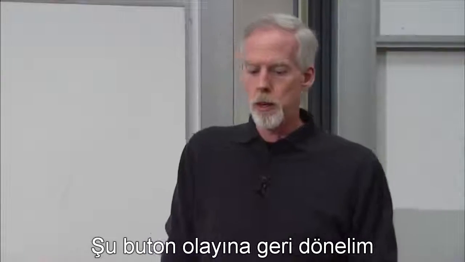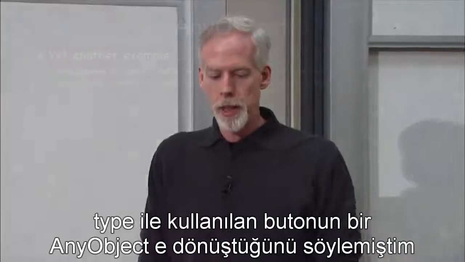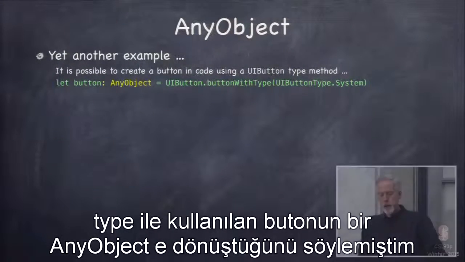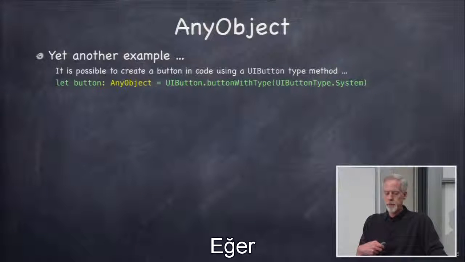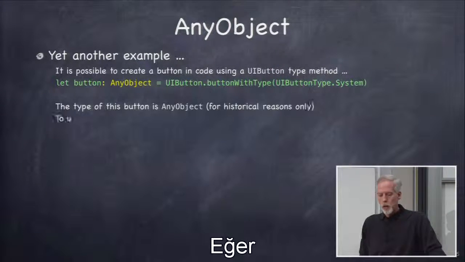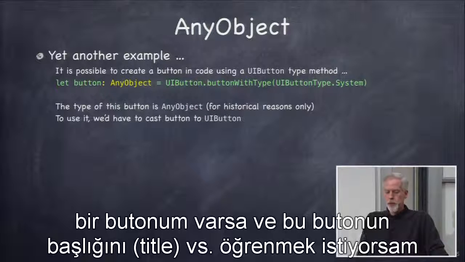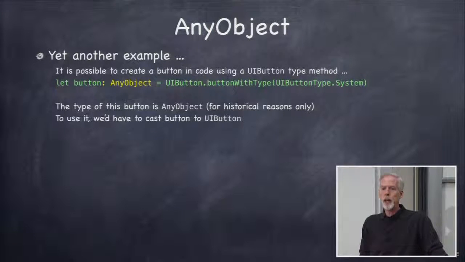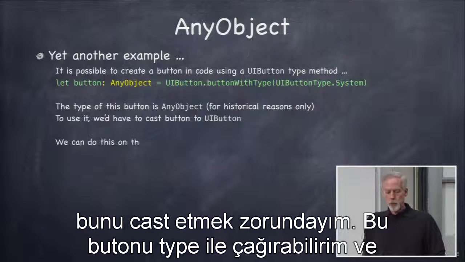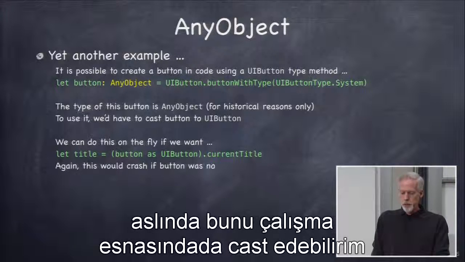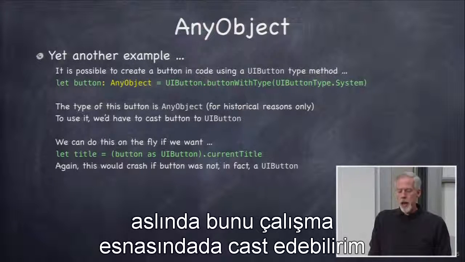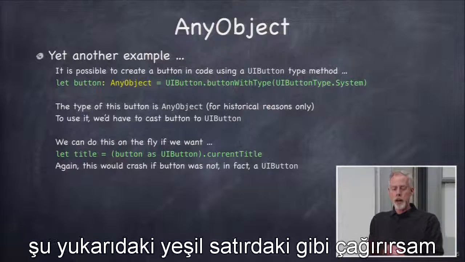So here's one more AnyObject thing. Let's go back to that button thing. So I told you the buttonWithType returns AnyObject, okay? And so if I got a button and I wanted to find out its title or something like that, I have to cast it. So I would call that buttonWithType, and I can cast on the fly, right inline.